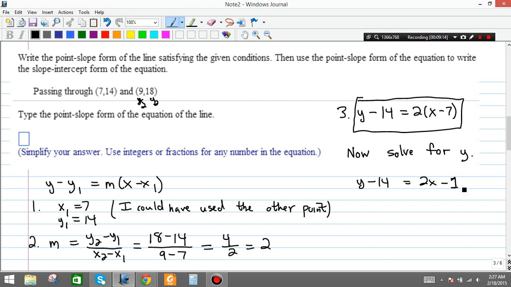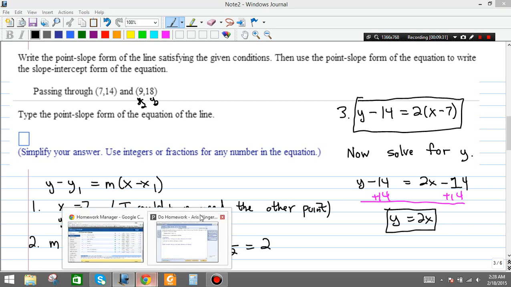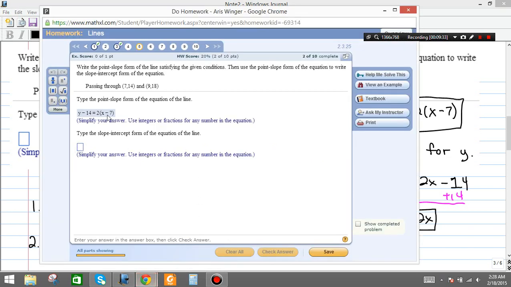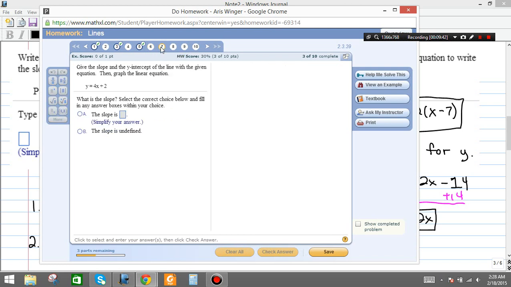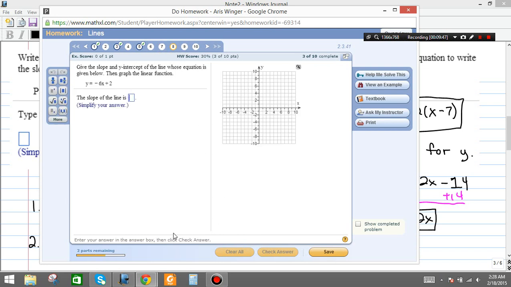And of course, we're going to add 14 to both sides. It simplifies pretty nicely. We end up getting that y equals 2x. We'll put that in. No issue. Six is similar. We'll do something like 8.